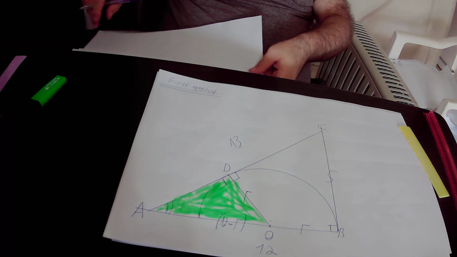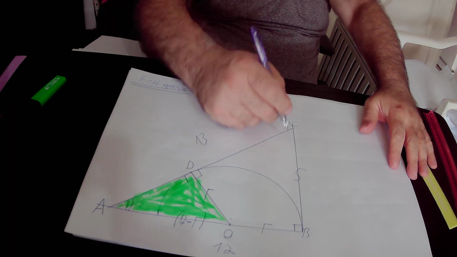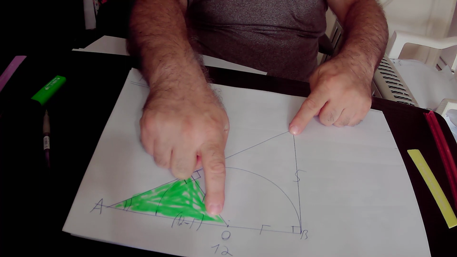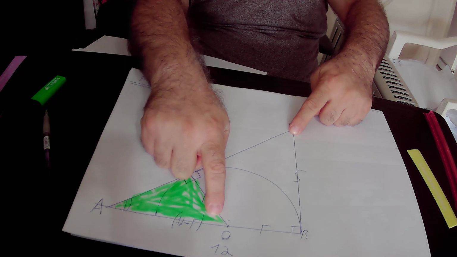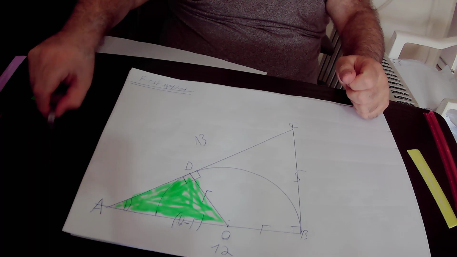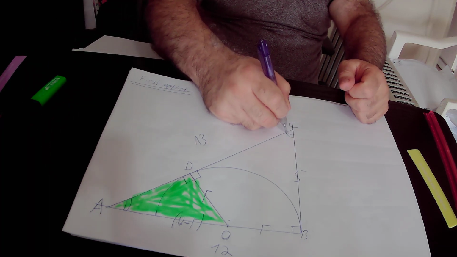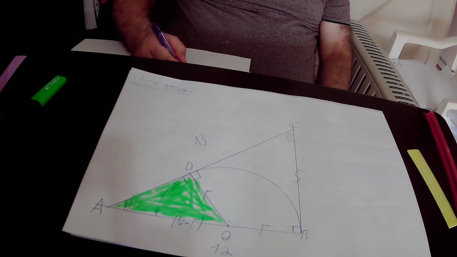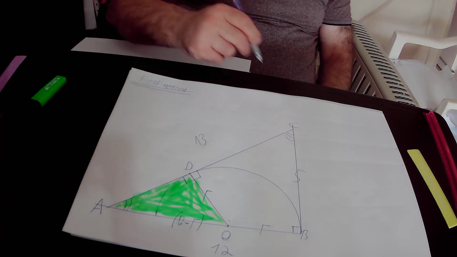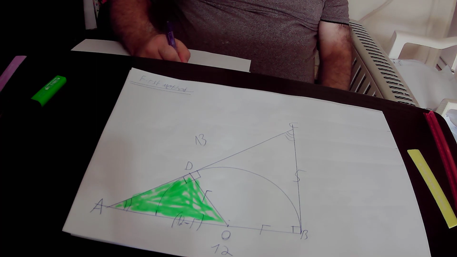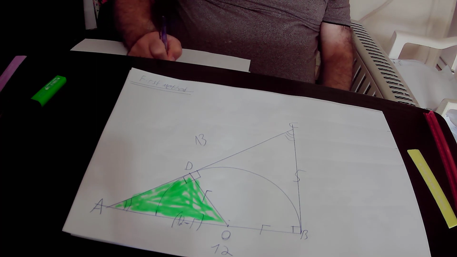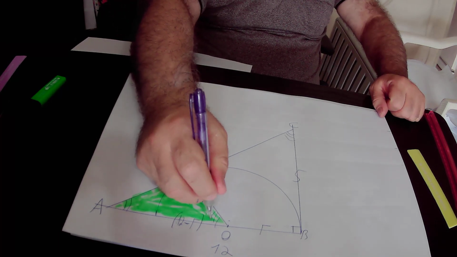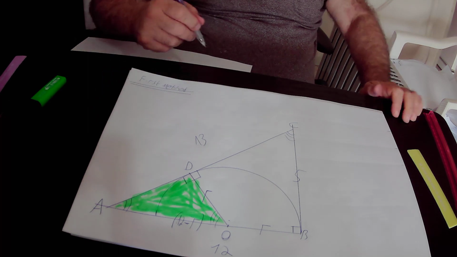And actually, those two angles are also equal to each other according to the third angle theorem. So this angle, angle ACB of triangle ABC, is equal to this angle, angle AOD of the green triangle.